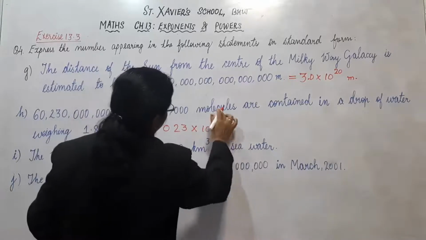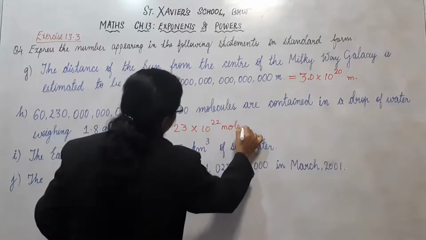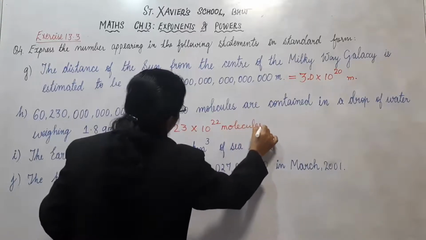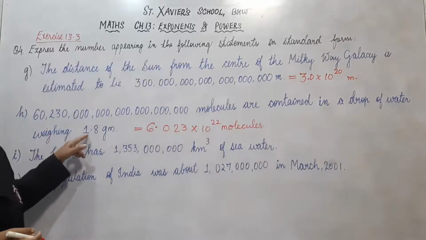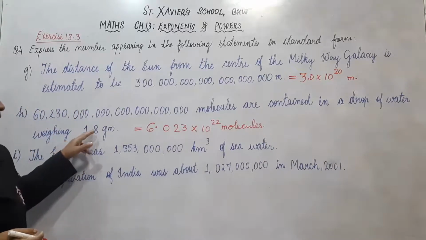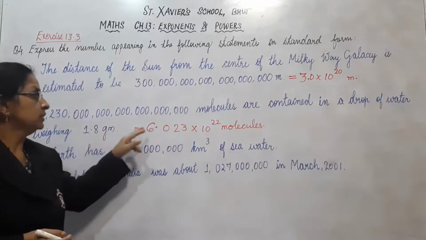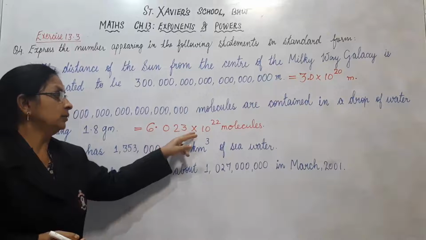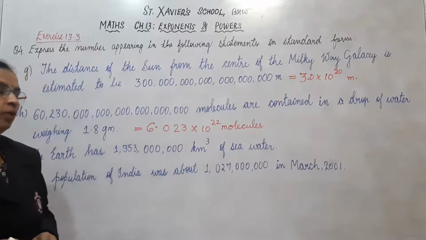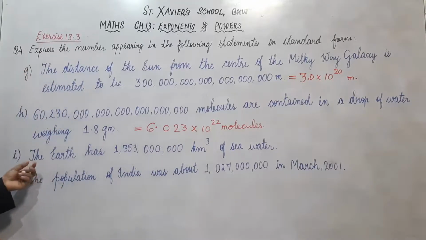Question is about molecules, so we will write: a drop of water weighing 1.8 gram contains 6.023 into 10 raised to 22 molecules.